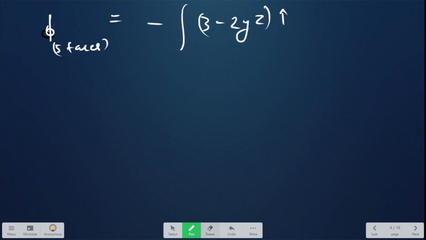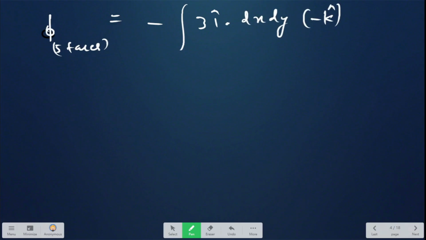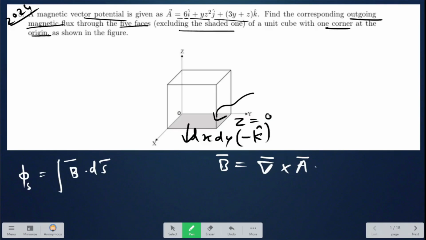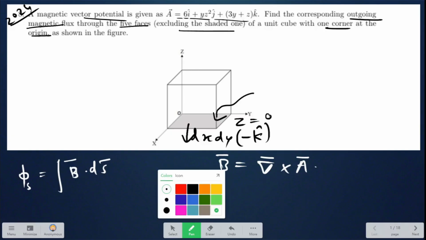Z is 0, therefore this term will not be there, so there is only 3 i cap here, 3 i cap dot dx dy minus k cap. Now i cap and k cap are perpendicular, therefore their dot product is 0, which means the magnetic flux through 5 phases is equal to 0. Therefore the correct answer here is 0.